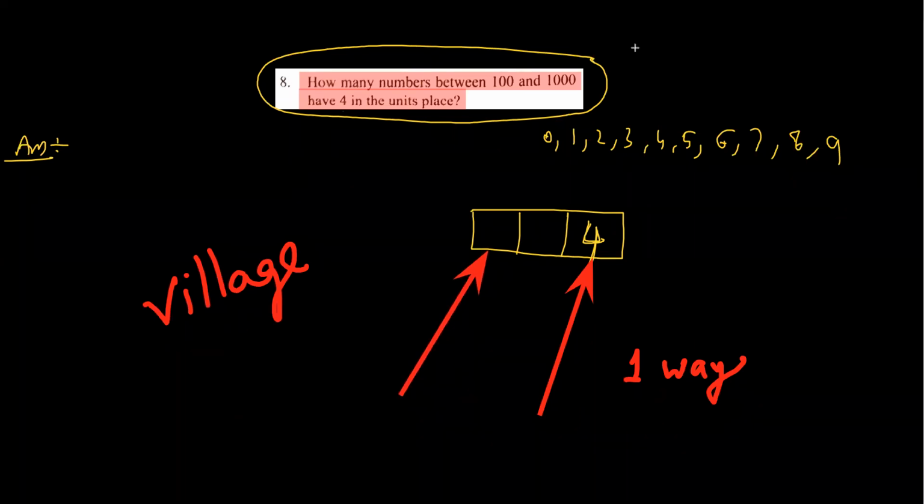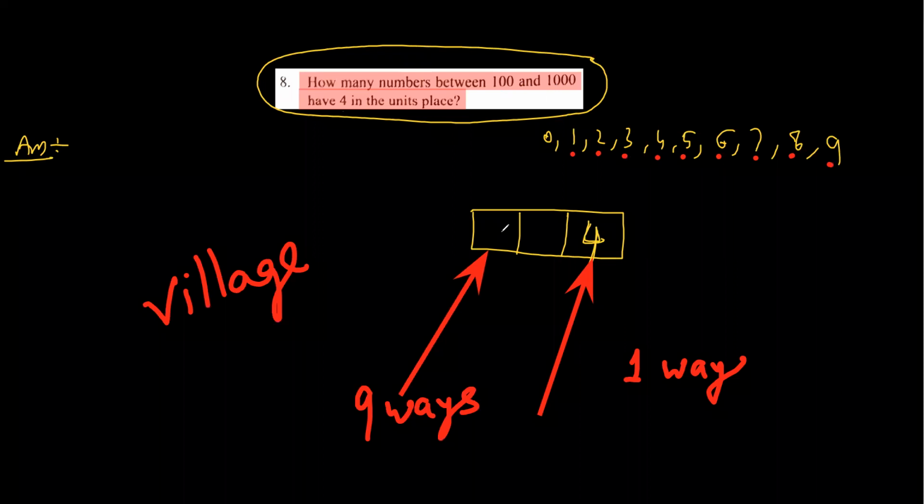See, I will write: the hundreds place cannot be 0 because it's a number between 100 and 1000. How can you have a number starting with 0 between 100 and 1000? So the hundreds place can be selected from 1, 2, 3, 4, 5, 6, 7, 8, 9, in 9 ways.